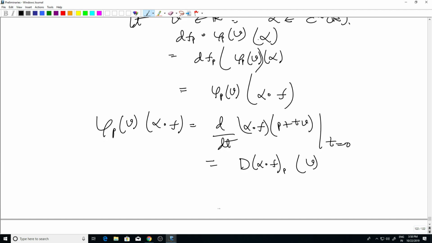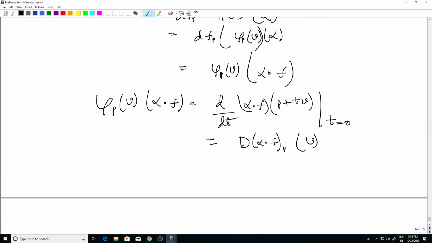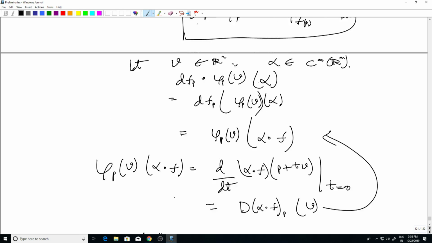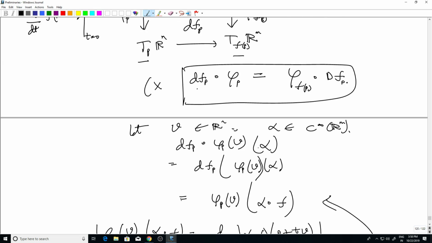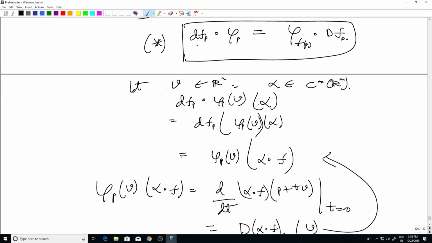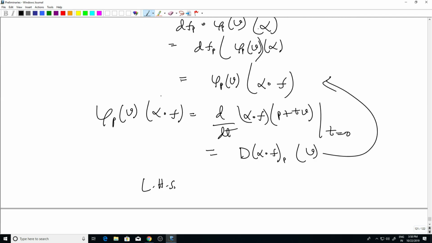So in the end, I'll just plug it back in here. What I get is the left hand side of this equation, let's call it star, LHS.